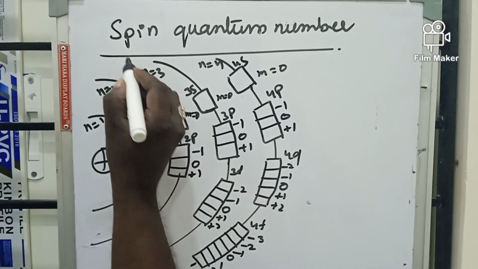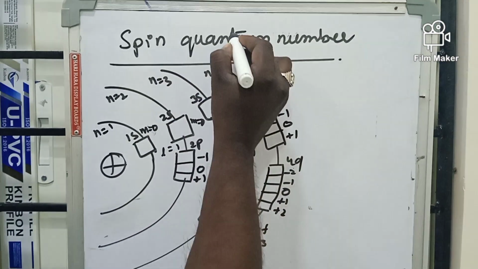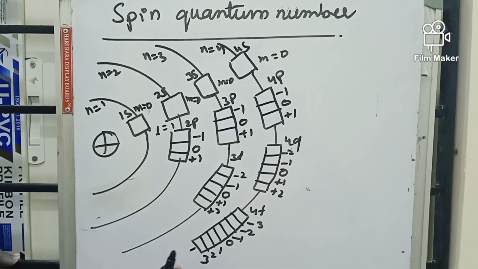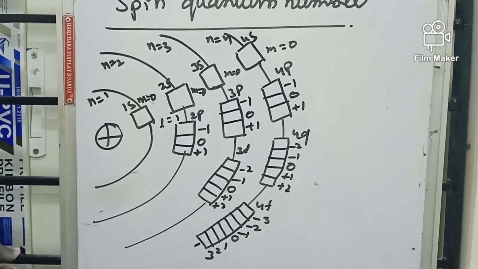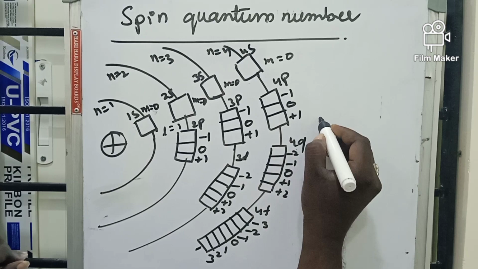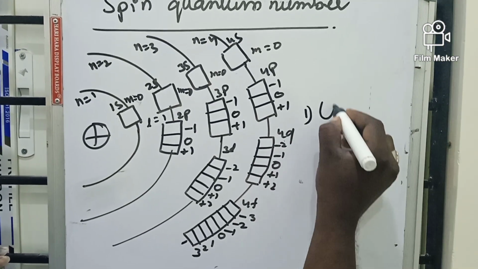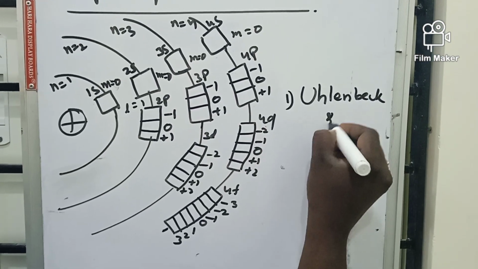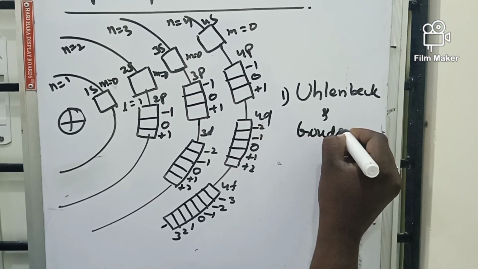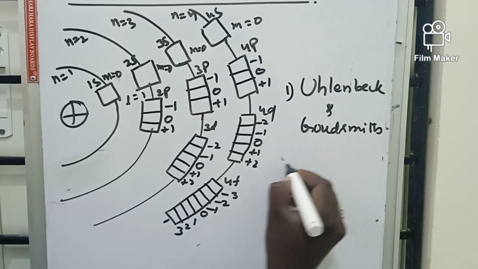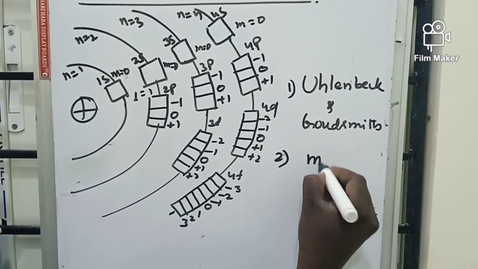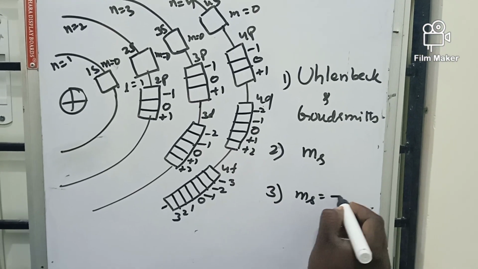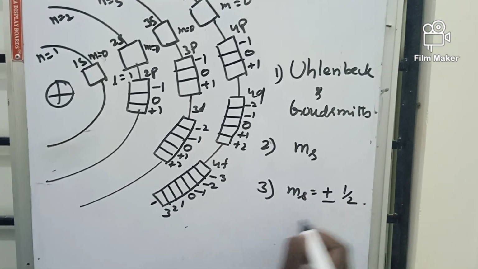3. Next one, spin quantum number. Spin quantum number tells the direction of spinning of an electron inside the orbital. Spin quantum number was proposed by the scientists Uhlenbeck and Goudsmit, and it is represented by the letter ms. Its values are ms equal to plus or minus 1 by 2.